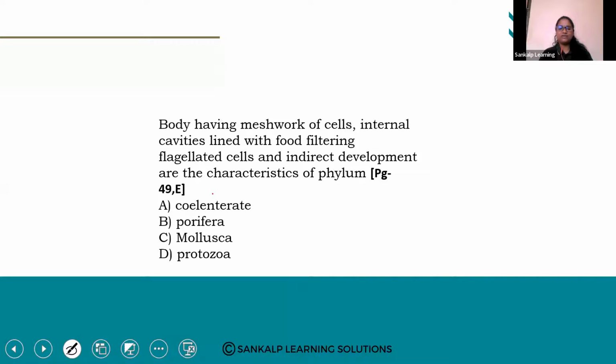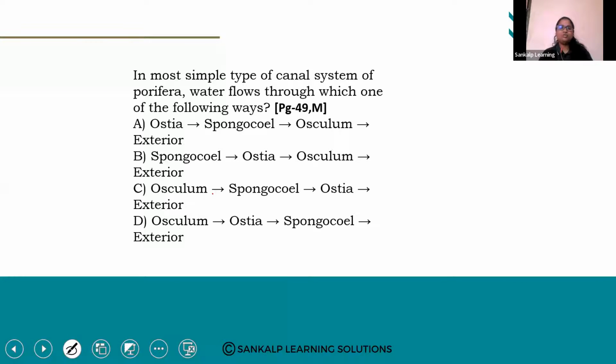Next, in the most simple type of canal system of Porifera, water flows through which one of the ways? Ostia, spongocoel, osculum, exterior; spongocoel, ostia, osculum, exterior; osculum, spongocoel, ostia, exterior; osculum, ostia, spongocoel, exterior.